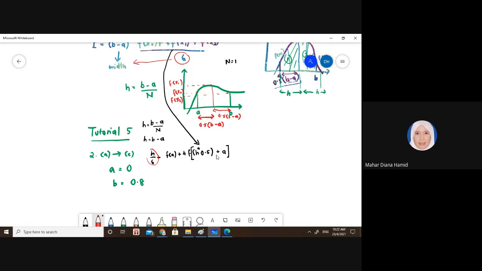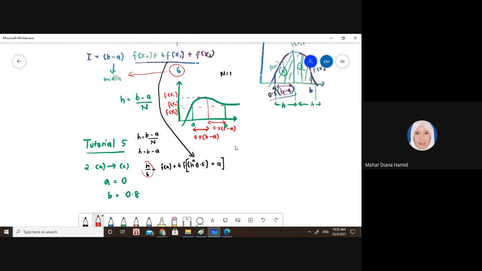FA is actually fx0 times F. H 0.5. So this is the value of the width, 0.5 times H. H here is B minus A. So we'll get the width, and then we're going to add it to A to get this value.